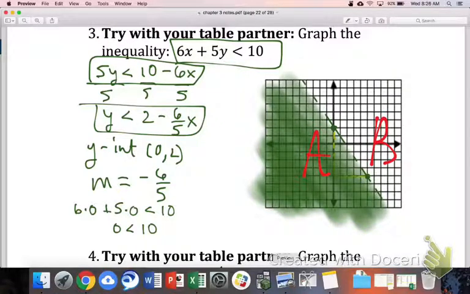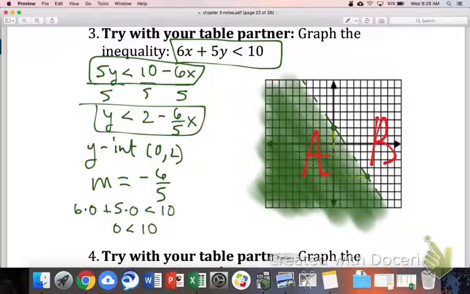One of them is on kind of the lower left side of the line. The other is the upper right-hand side of the line. And so when I test out 0, 0, I'm not really worried about is it on the x or the y-axis. You're thinking quadrants. You're equating quadrants with regions, and that's not the case on this one. I'm simply looking at two different regions, lower left of the line and upper right of the line. Only one of the two of them is going to work. And since 0, 0 worked, and 0, 0 is in region A, as I've labeled it, that means that I need to shade region A.